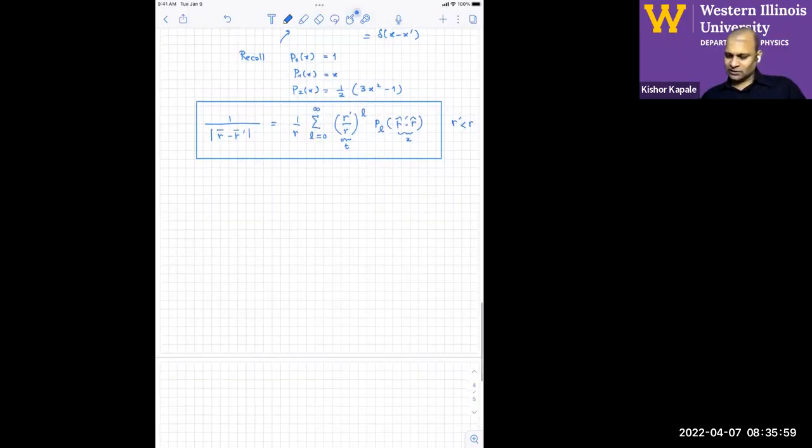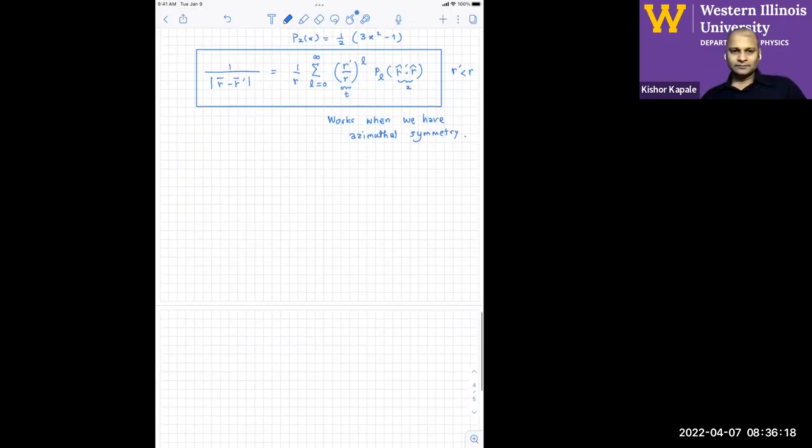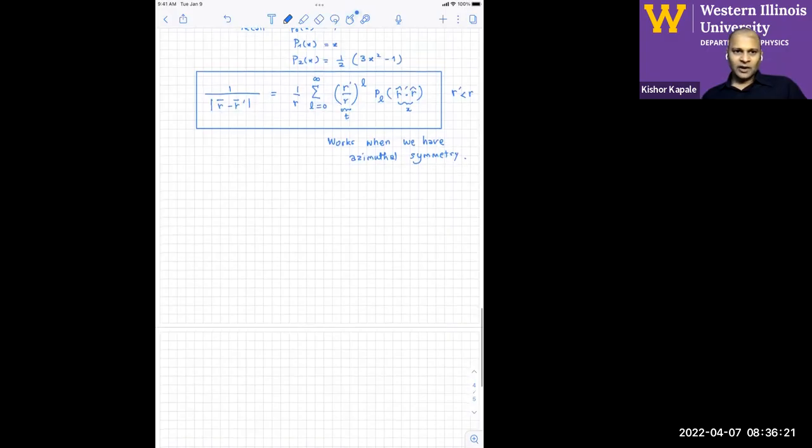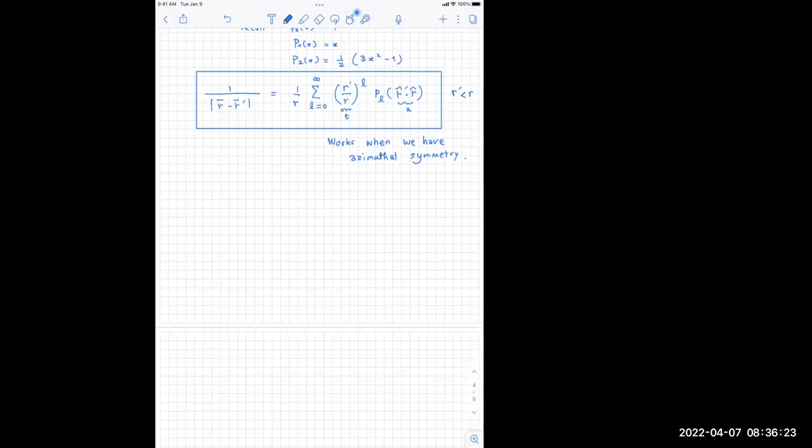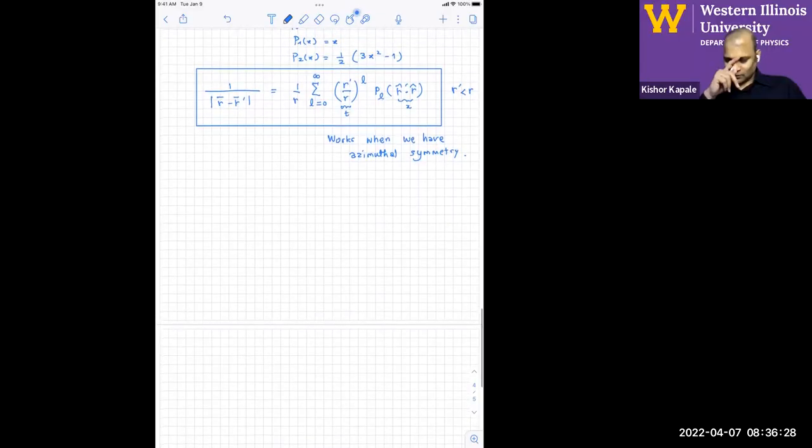So this works when we have azimuthal symmetry. Right, and we are taking the r prime parameter as some cosine, similar to the angle theta, cosine theta in the spherical coordinate system.